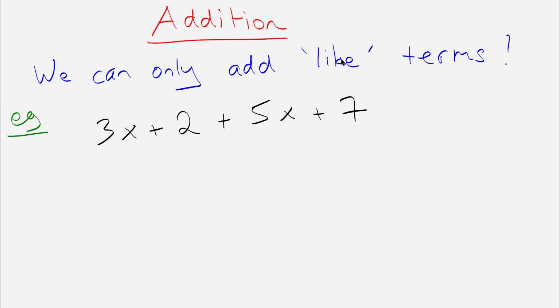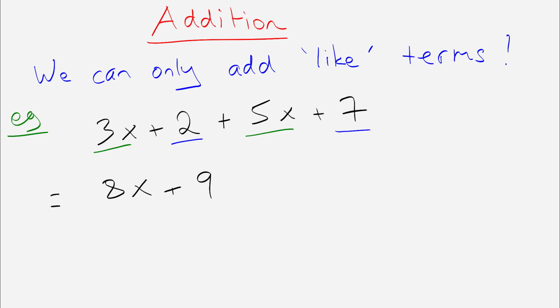We can add the x's to other x's, and we can add the numbers to other numbers. So when I tidy this expression up, it will equal the 3x plus the 5x, let's call that 8x, and the 2 plus the 7, that's plus 9.